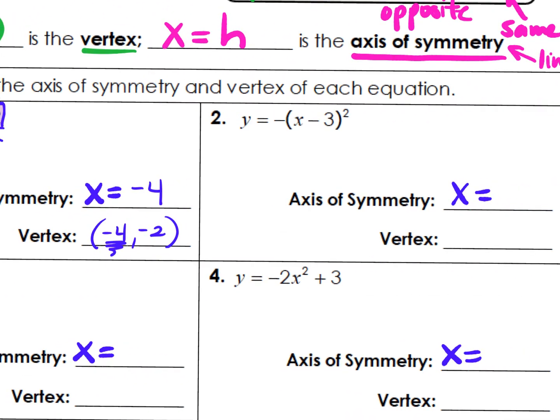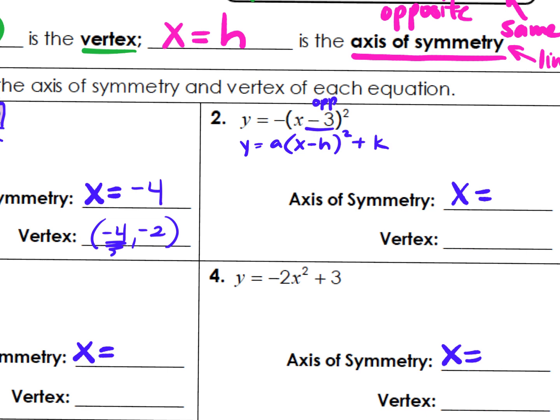Okay, this is vertex form. Y equals a times x minus h squared plus k. What is your h value right now? A positive 3. Opposite of what it looks like. Right now it looks like a negative 3. But the formula says x minus some number.